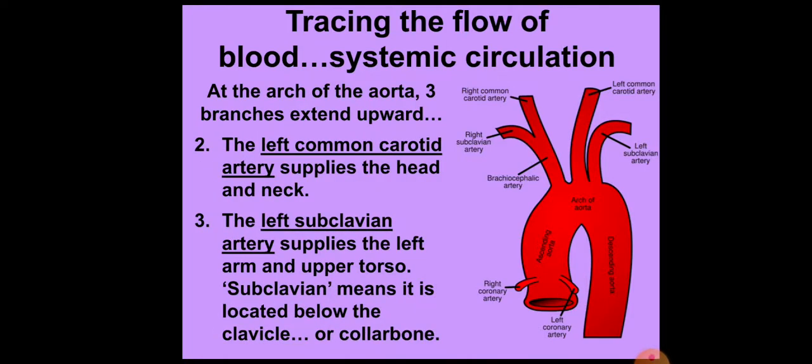Second, the left common carotid artery supplies the head and the neck. Third, the left subclavian artery supplies the left arm and upper torso. Subclavian means it is located below the clavicle or collarbone.